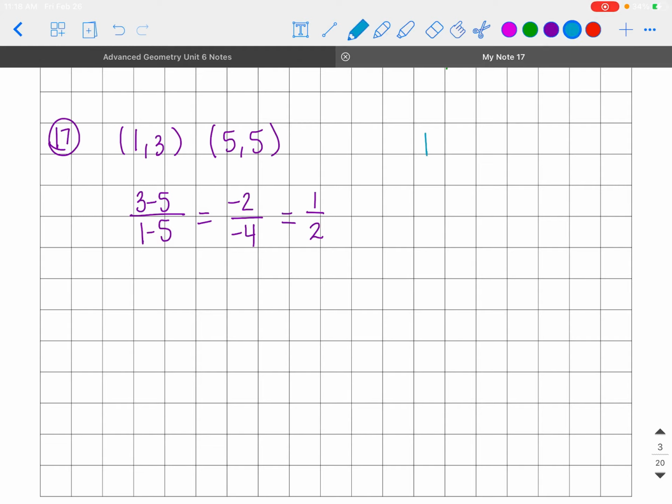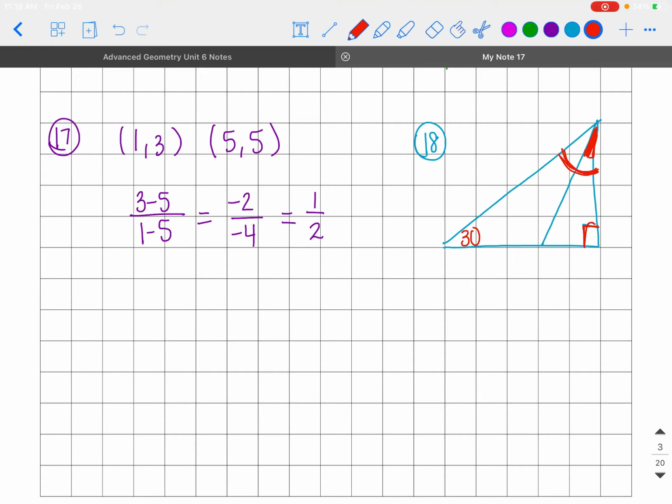Number 18. We have this triangle and a smaller triangle. And we want to know the measure of BDC right here. So we have 30 and 90.